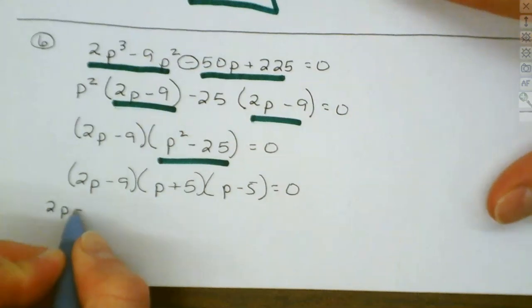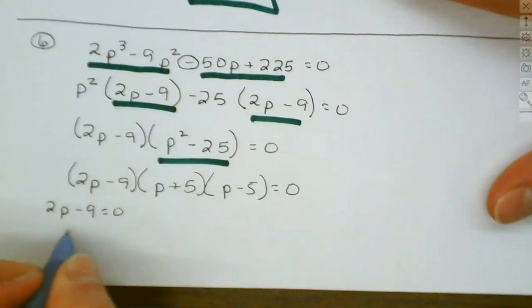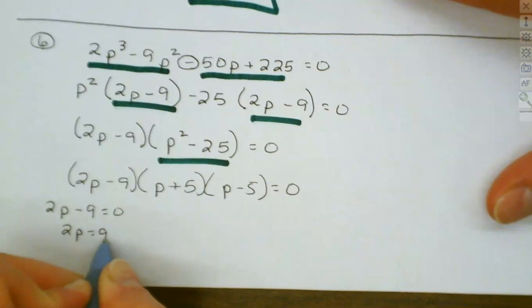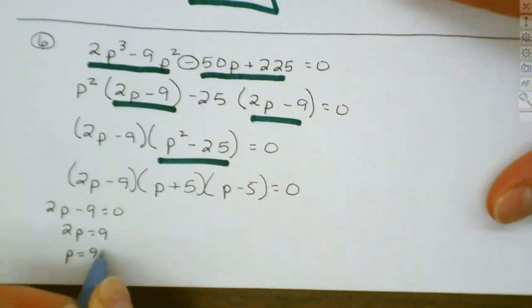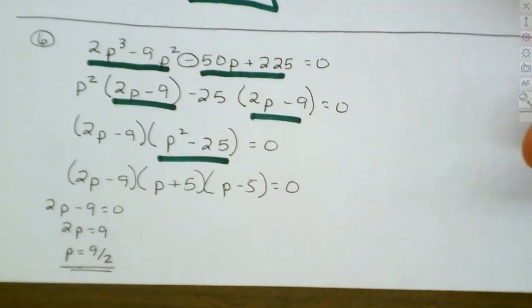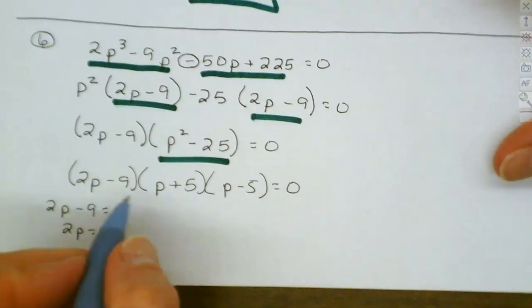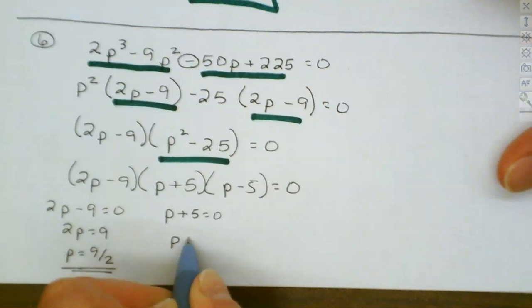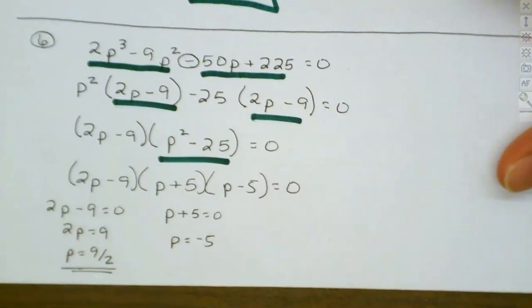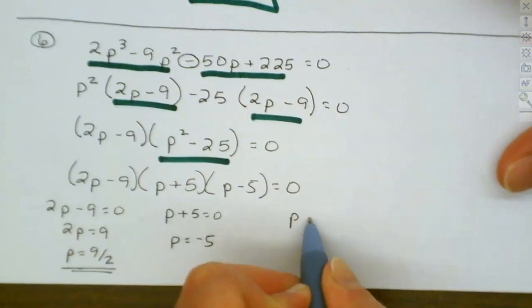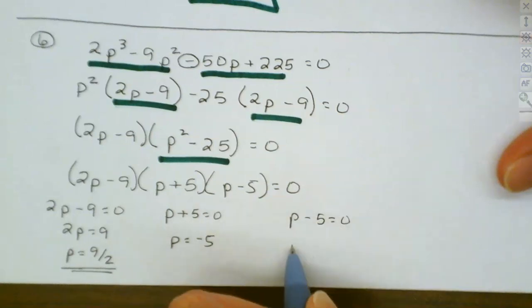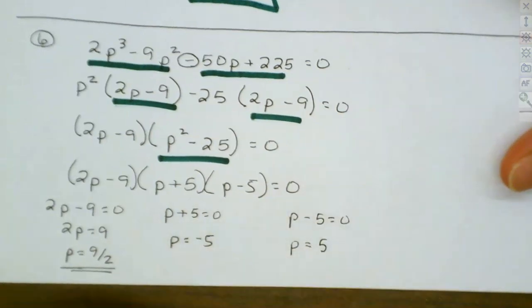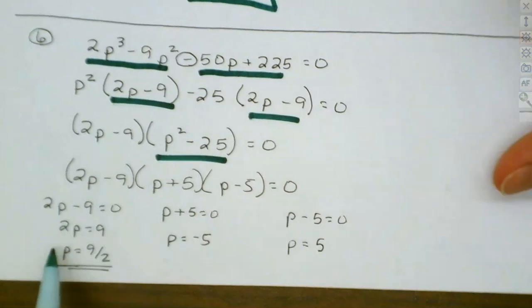So 2p minus 9 equals 0, so 2p equals positive 9, so p equals 9 halves. So there's that one. Then we've got p plus 5 equals 0. So move that over. p equals negative 5. p minus 5 equals 0. So moving that over gives you your positive 5.